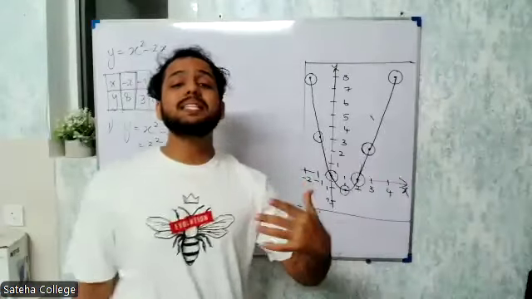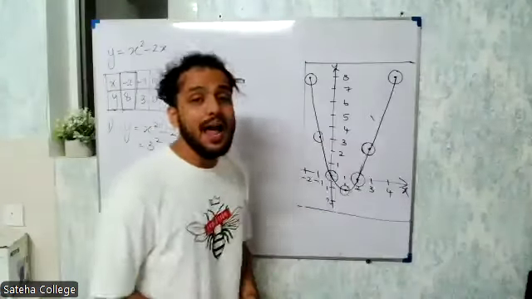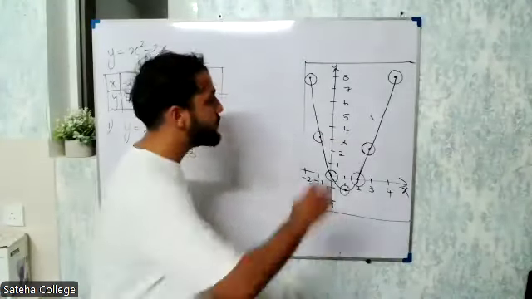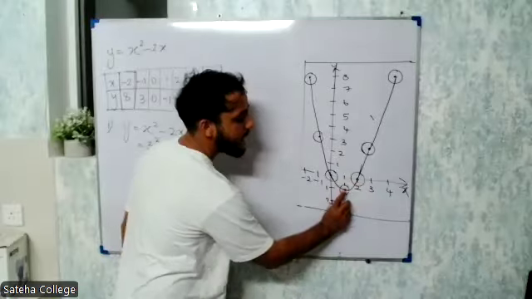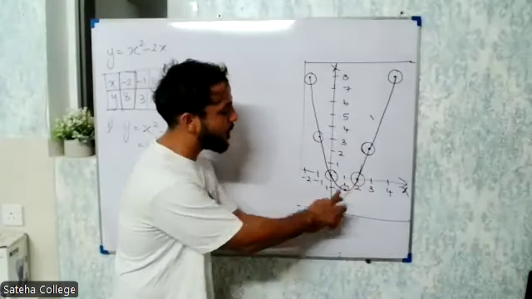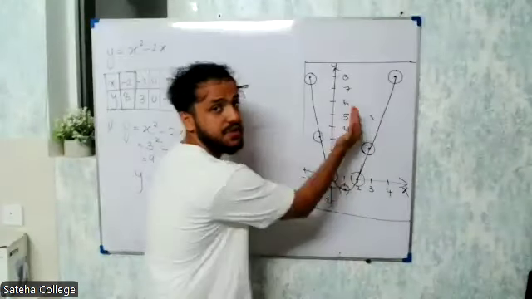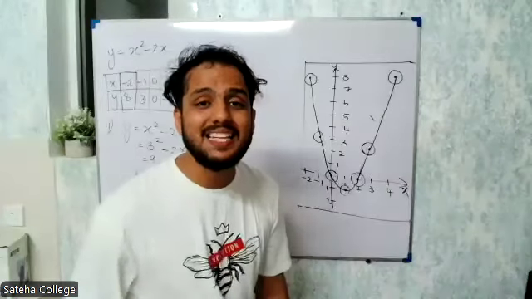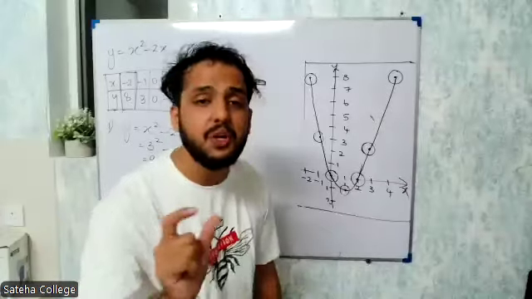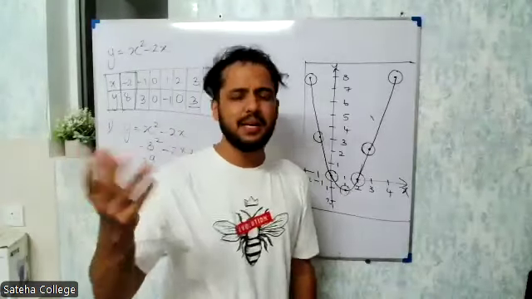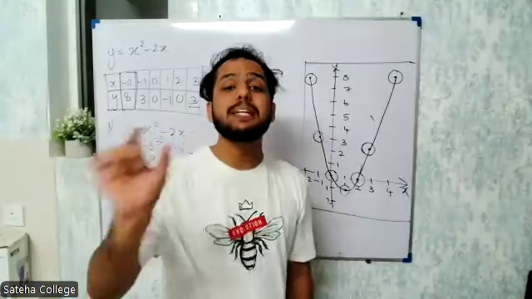Then the next thing, what is the axis of symmetry? Axis of symmetry means, if you see here, upon the turning point, this is called the turning point, the graph is equal on both sides. The word for that is symmetrical.